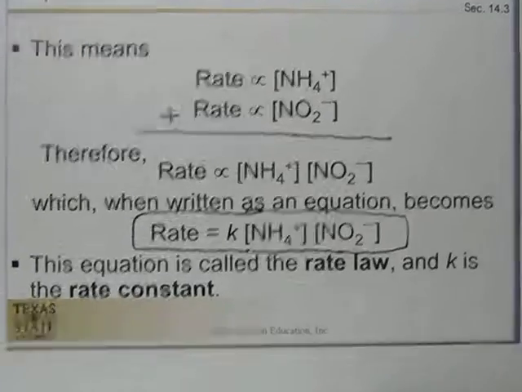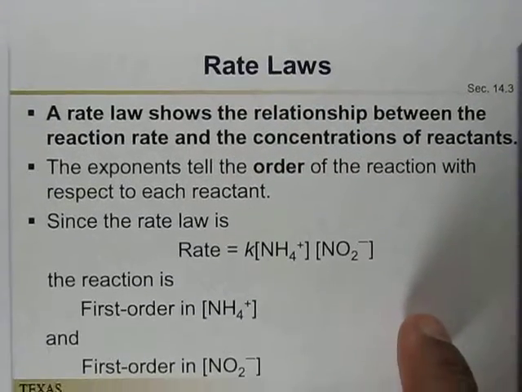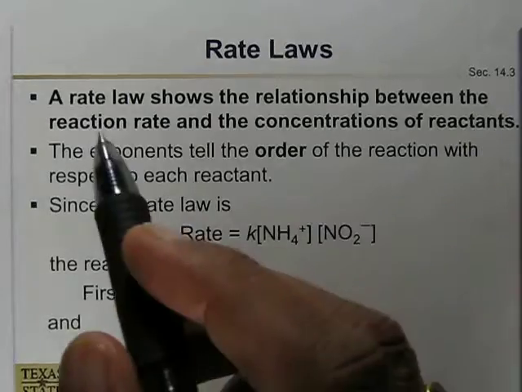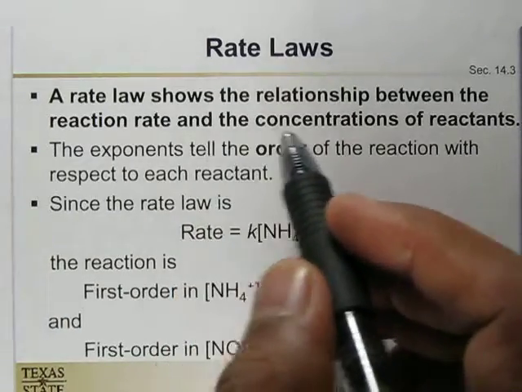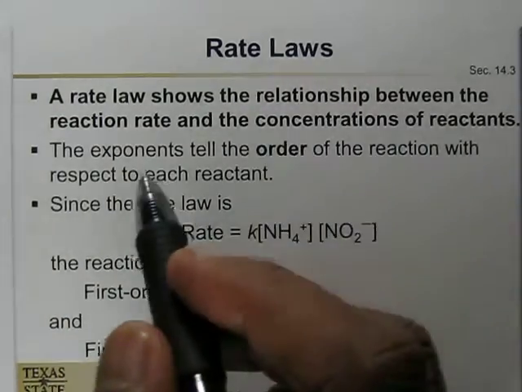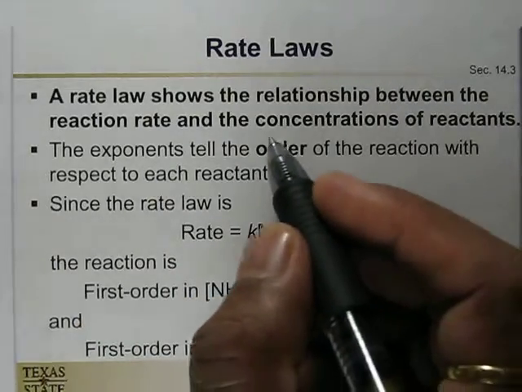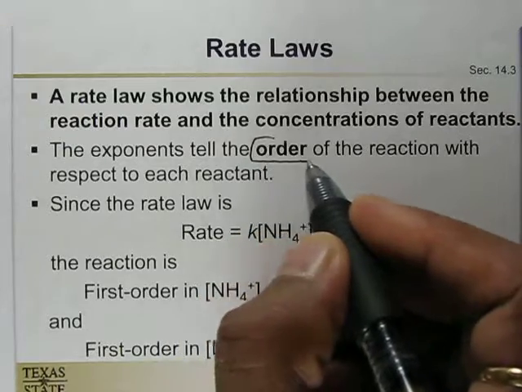So what is the rate law? The rate law shows the relationship between the reaction rate and the concentration of the reactants. The exponents tell the order of the reaction. This is a new word that came up, order of the reaction.